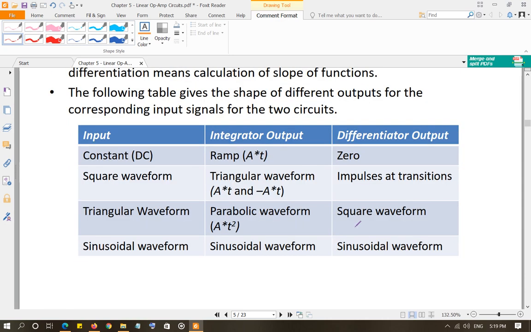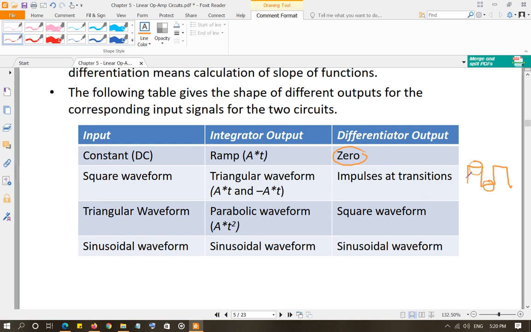And again, just quickly, if your input is a constant DC, of course, when you take the derivative of a constant DC, the output should be 0. If your input is a square wave, you can have impulses at transition. The output will be 0 when it's a constant value.